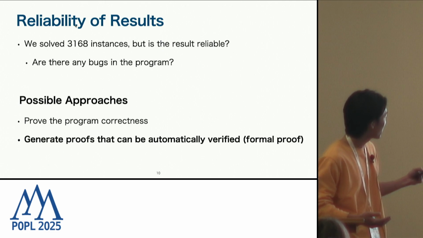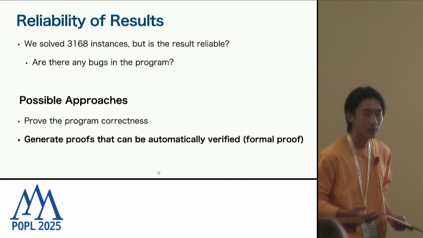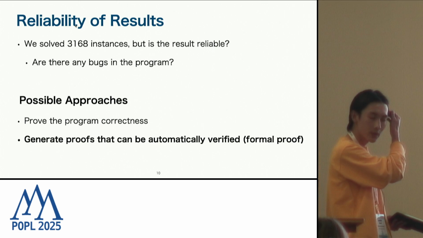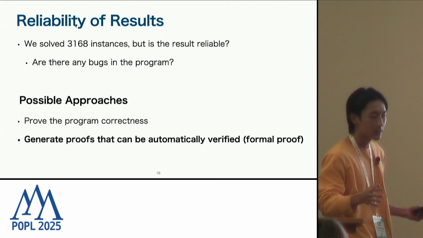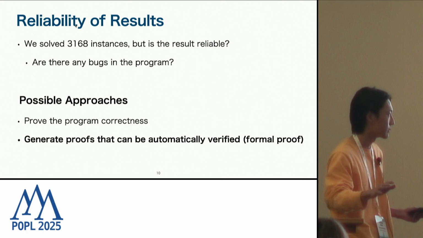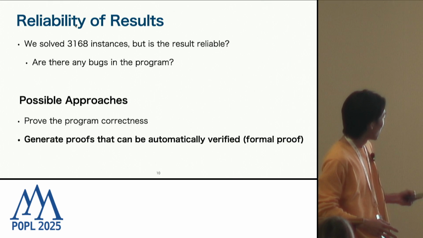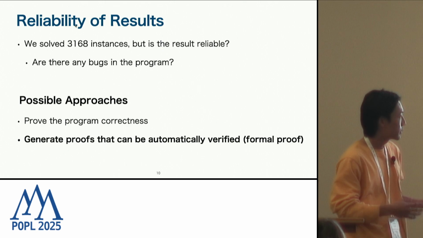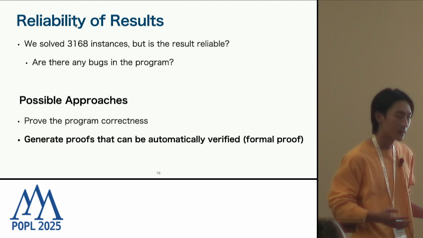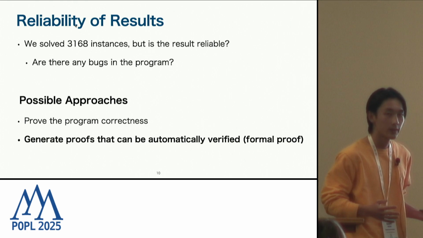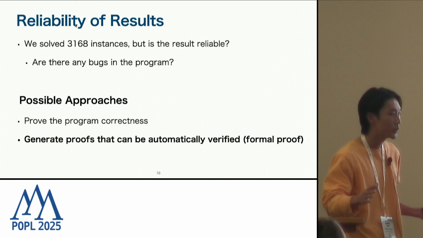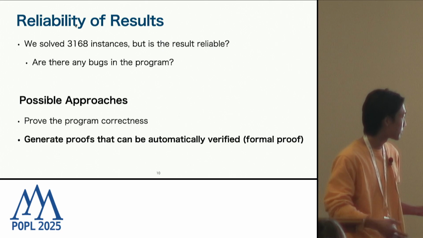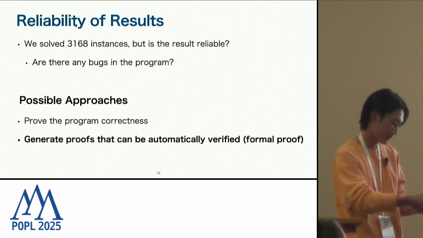The first one is to prove the program correctness, which ensures the correctness of the output of the program. But we chose another one, which is to generate proofs that can be automatically verified. We generated 3,168 separate proofs and verified their correctness using Isabelle/HOL.